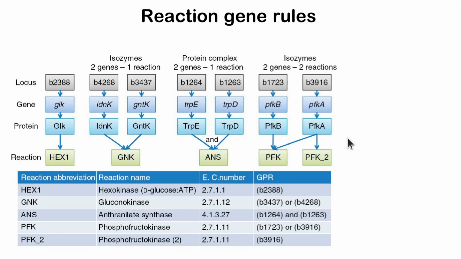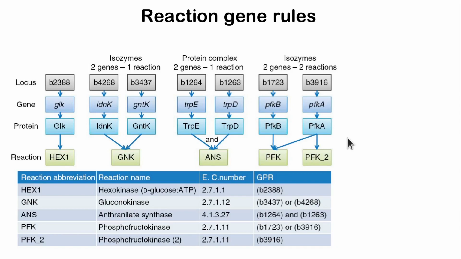For instance, here we see that the gene B3916 both individually governs reaction PFK2, but it will also serve as an isozyme to reaction PFK, which means that in this case, if we were to knock out B1723, reaction PFK could still run because B3916 is still available, and reaction PFK2 could still run because PFK2 does not depend on B1723. If we were to knock out B3916, PFK would still run if B1723 is available, but PFK2 would be knocked out. So it's not a one-to-one relationship.